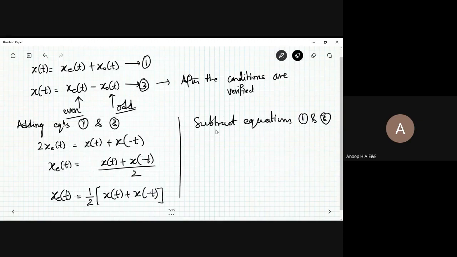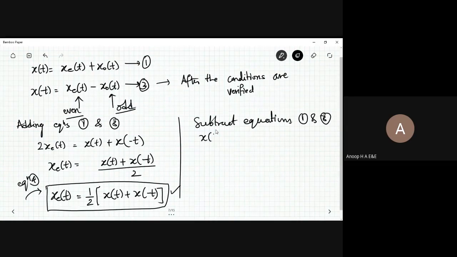Okay, so this is for an even signal. Given a signal, find its even component. You can find the even component with the equation listed in equation 4 here. Next, what do I need to do? I need to subtract equations 1 and 3. x of t minus x of minus t.